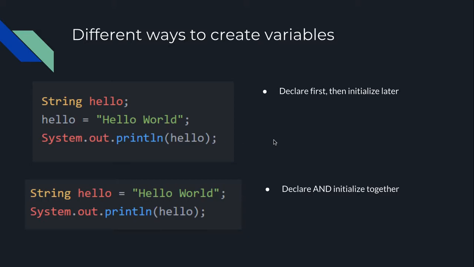So the idea is that you can declare hello on line 1, but then you can initialize hello at line 10, for example. However, I prefer the second way, which is just declaring and initializing it on the same line. So you can do either of the two cases.